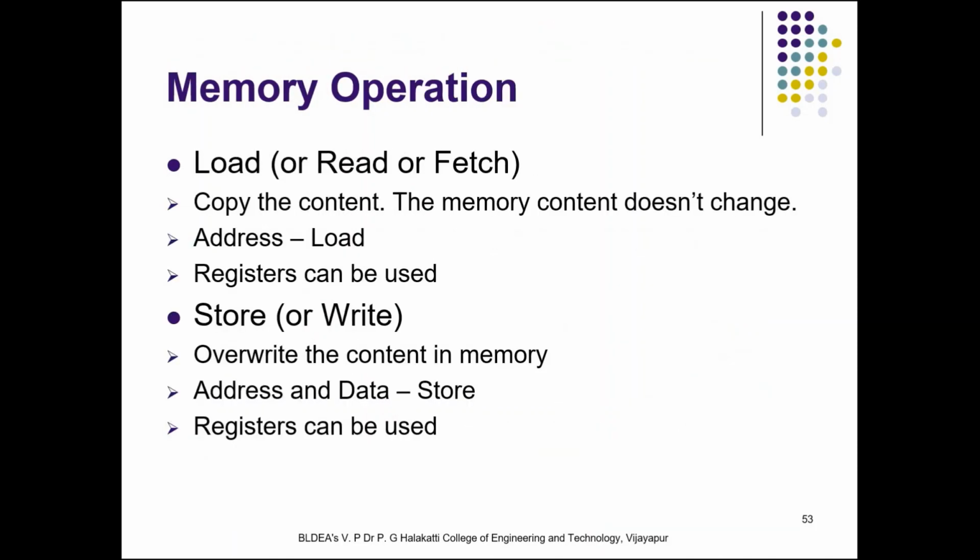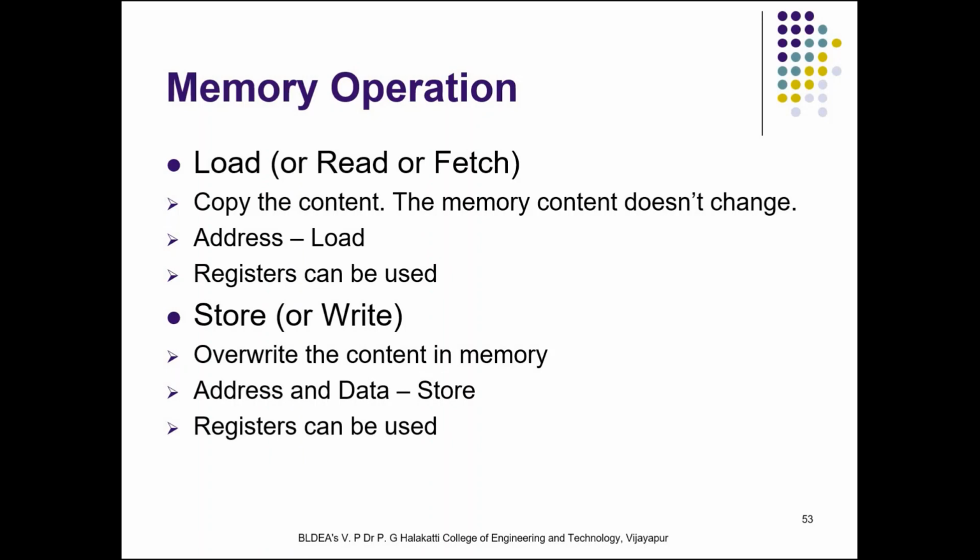Now to do that we have different memory operations also, like load, read or fetch, which perform copying of the content. The memory content does not change. We only copy the content by using these operations. Now the address will be loaded into the instruction, and depending on that the particular content of that memory location will be accessed. To do this we can use registers.